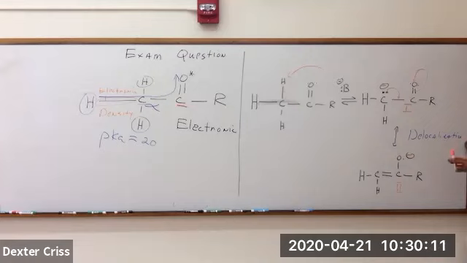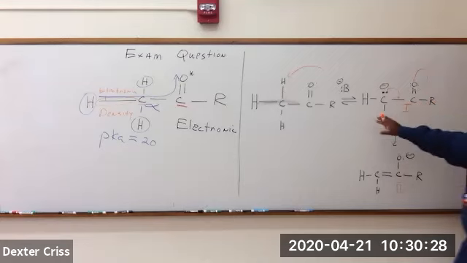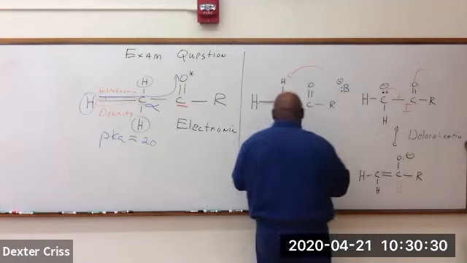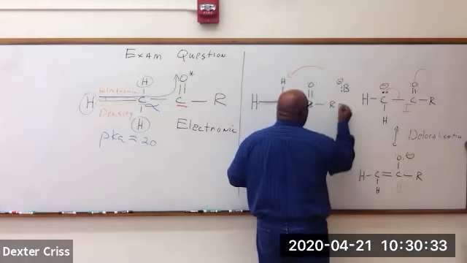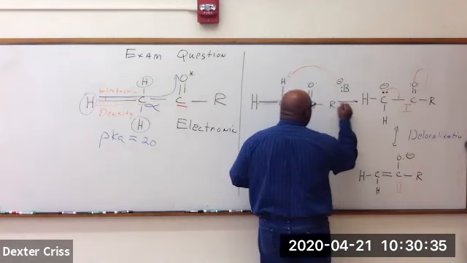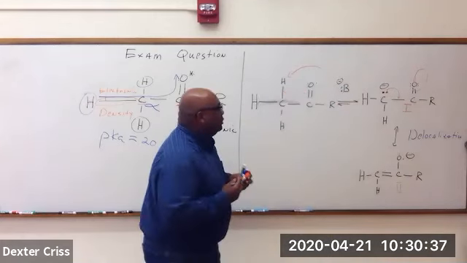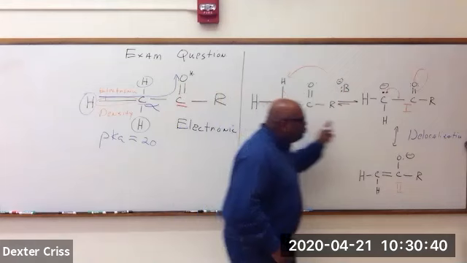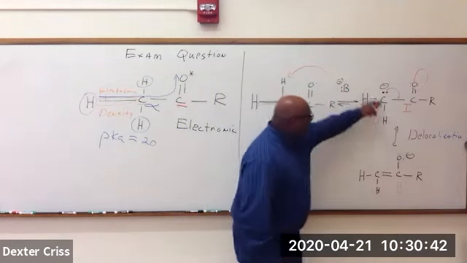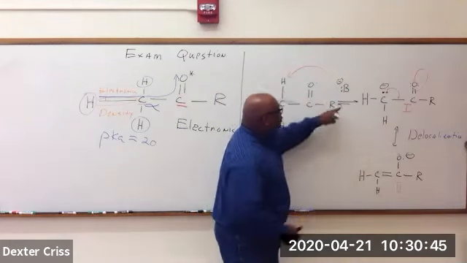So why does that matter? Well, the more contributors or resonance structures you form, the more you stabilize molecules, species, whatever you want to call it. And so it helps to push this reaction more to the right, because I have additional contributors to shore it up.